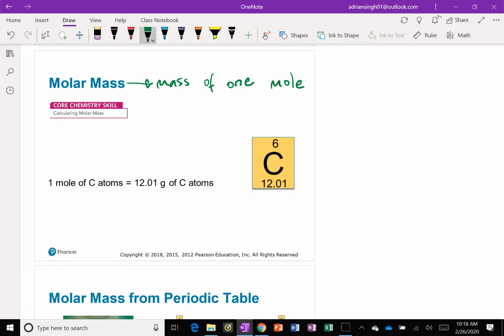To get the molar mass of your elements, all you need to do is to look at the periodic table. So for example, if you look at carbon, so we just highlighted carbon over here, right? So carbon, as you know now, has a chemical symbol C. What does the 6 on top represent again?